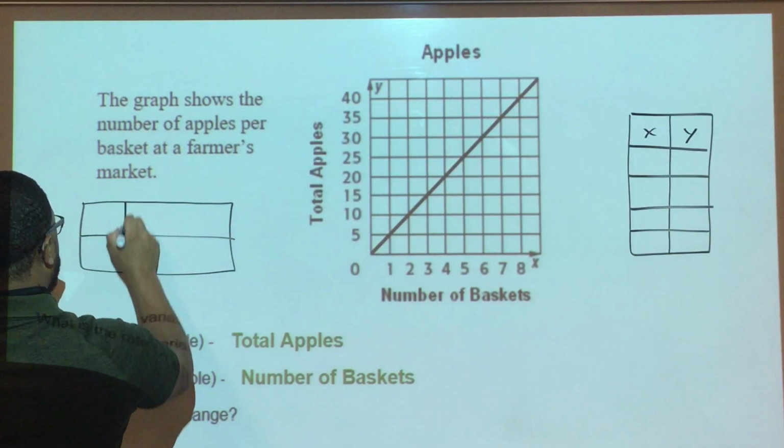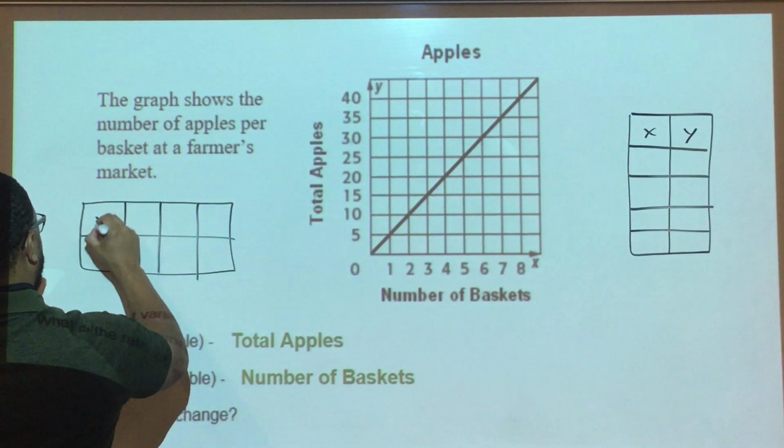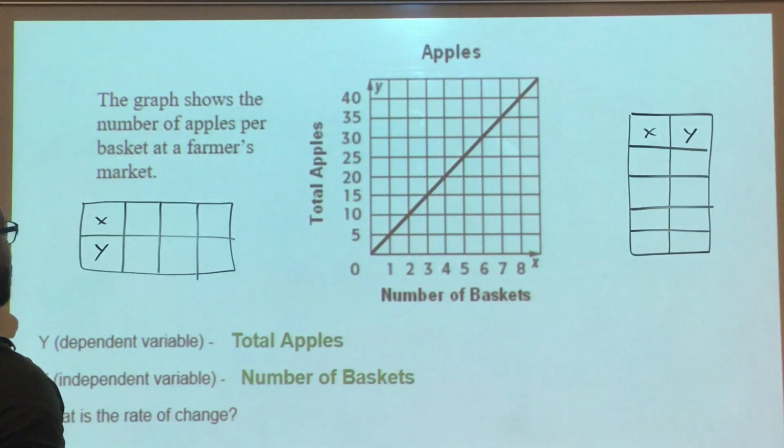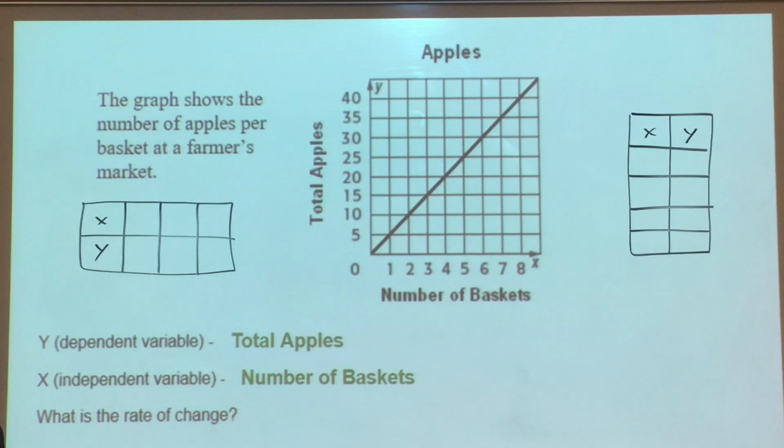You may see something like this, X and Y. It's just another way to represent the same information. So for this problem, why don't we just use this one? It's fine, we can just use this one. We'll lay it on its side.